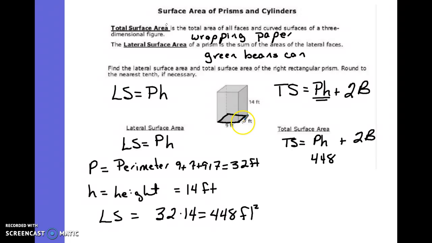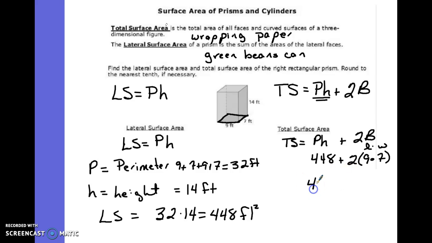So our bases are rectangular. The area of a rectangle is length times width, so 2 times 9 times 7. 9 times 7 is 63.